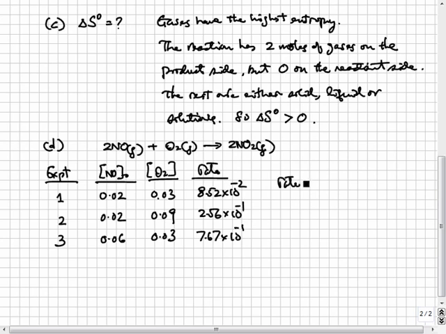We know the differential rate law is rate equals k, the rate constant, multiplied by the concentration of NO to some order a, multiplied by the concentration of O2 to another order b.